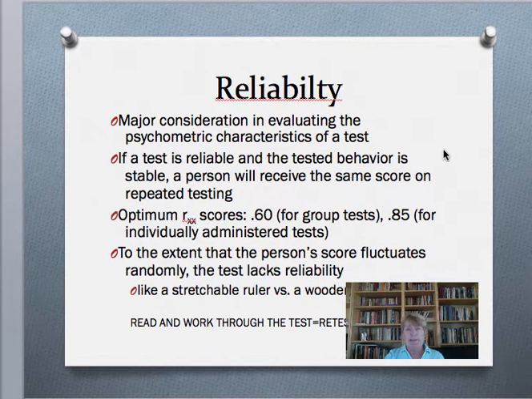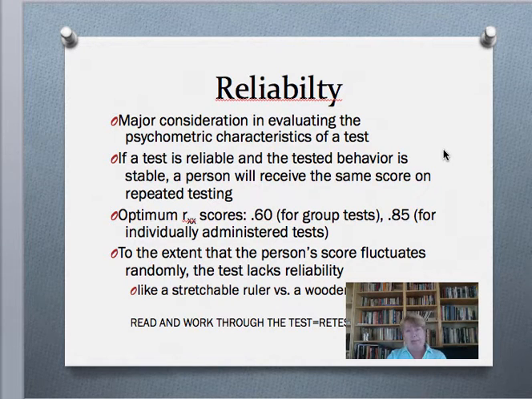Well, if you look at that particular exercise, you'll see that they've reported reliability information in several different ways. They're not just giving you one sentence that says the reliability for this test is 0.85 or 0.90 or whatever. They're breaking down reliability coefficients in a number of different ways.